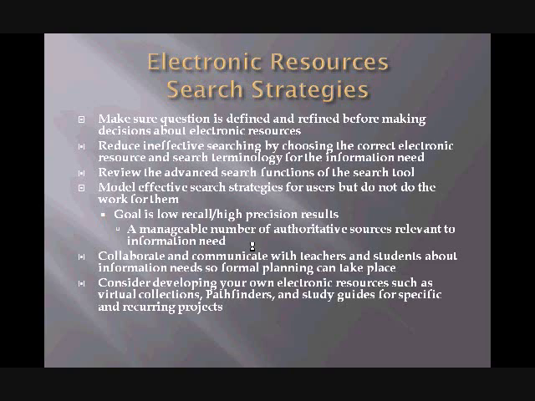And now we will look at some different kinds of electronic information resources and take a look at the search functions that you can use in order to do effective searching. The first one we're going to look at is an OPAC called WorldCat.